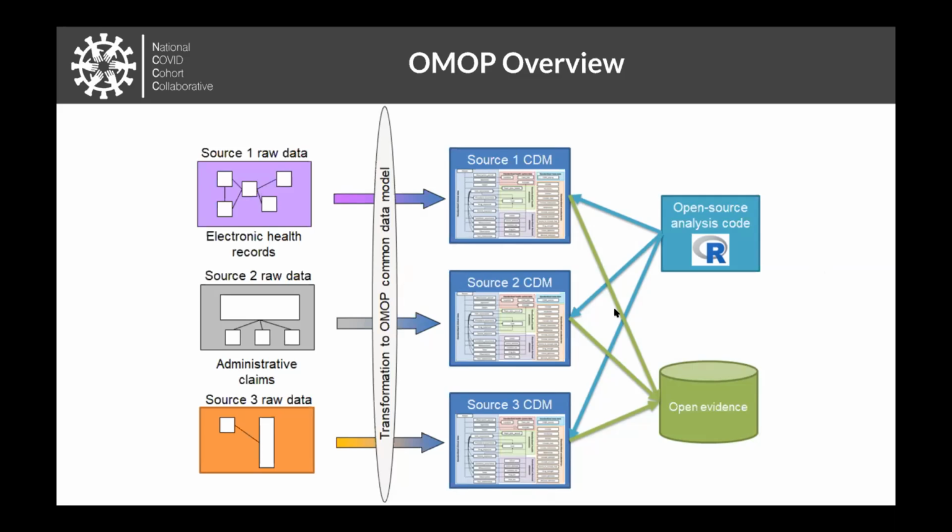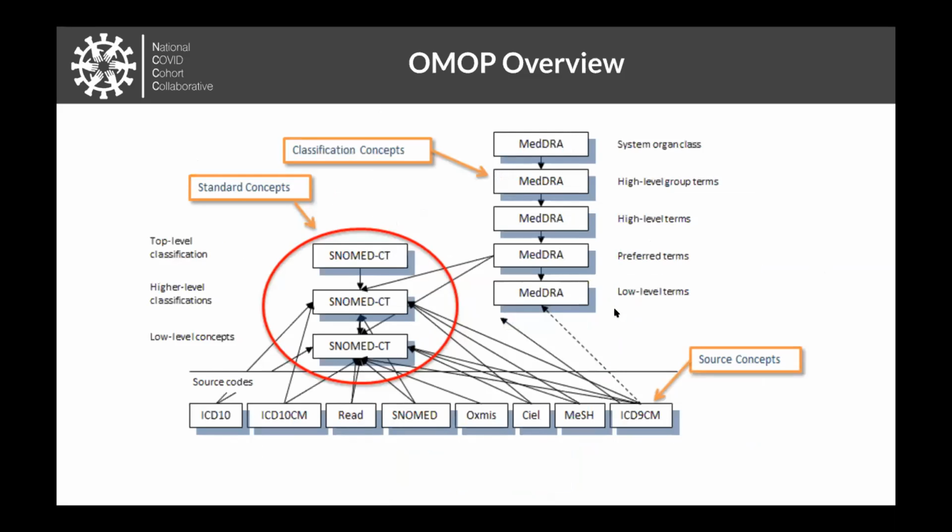I'll talk a little bit about the vocabulary hierarchy. Okay, so there's a lot going on in this slide, but essentially what I'm just trying to show here is how we start to standardize our codes. At the bottom, you see a list of source codes, and these are typically codes you would think of as condition codes. So ICD-10, ICD-9-CM, SNOMED, but there's also READ, which is a vocabulary from the UK.